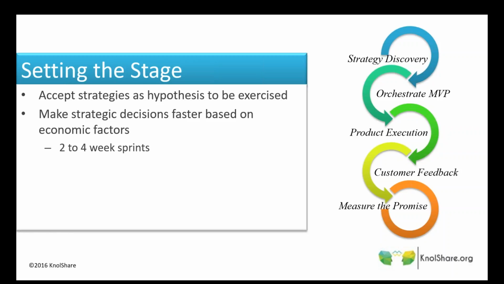We want to make decisions that are based on economic factors that include priorities of the customer and market competition. One key thing is for us to use shorter durations to make strategic opportunities and evaluate them in the context of about a 2 to 4 week sprint, which gives more opportunities for things to come to the table and for us to make better decisions.